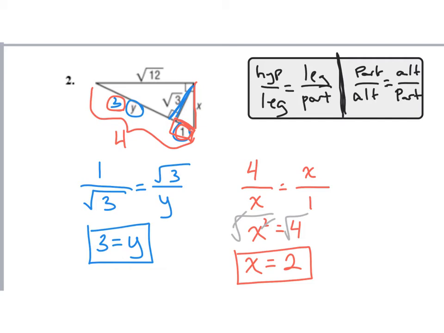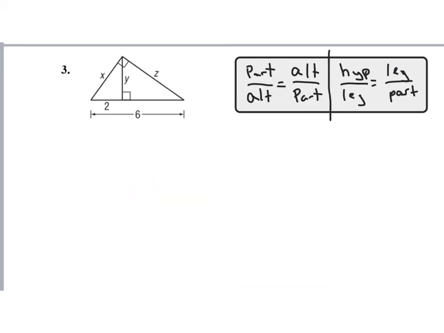Okay, let's look at the next example. Okay, on this one, I already have my formulas scribbled out to the side for us. If I want to find x, it's a leg, so that's going to be this second formula.